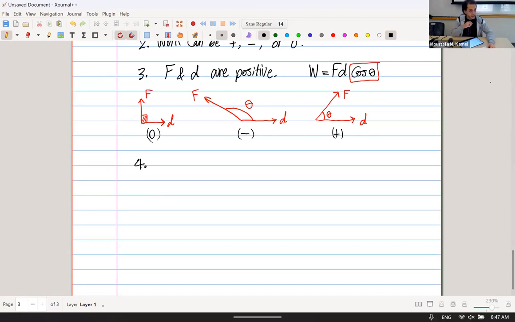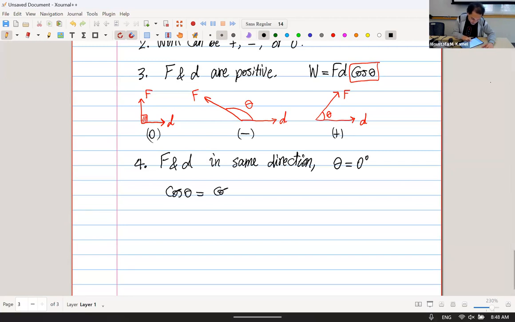Two important special cases are when theta equals zero and when theta equals 180 degrees. When the force and displacement are in the same direction, we have theta equals 0 degrees. So cosine theta is cosine 0 degrees, equal to 1. Then the work done is just force times displacement.